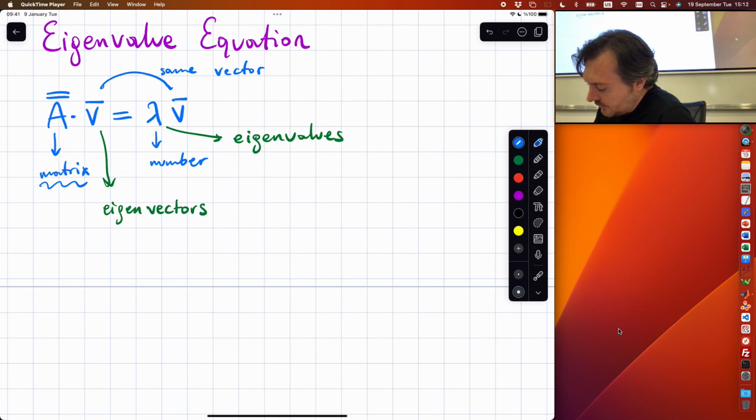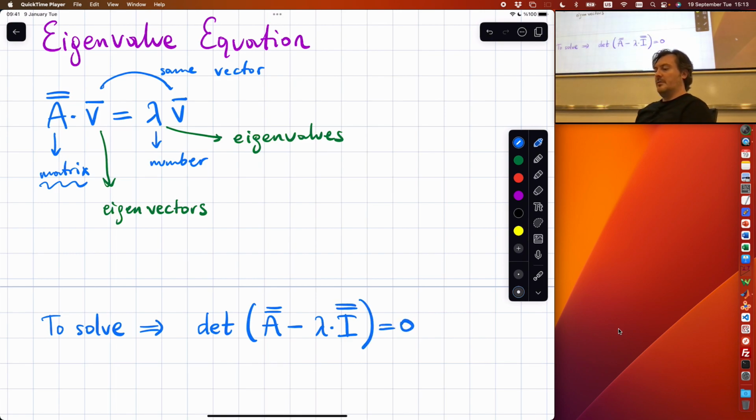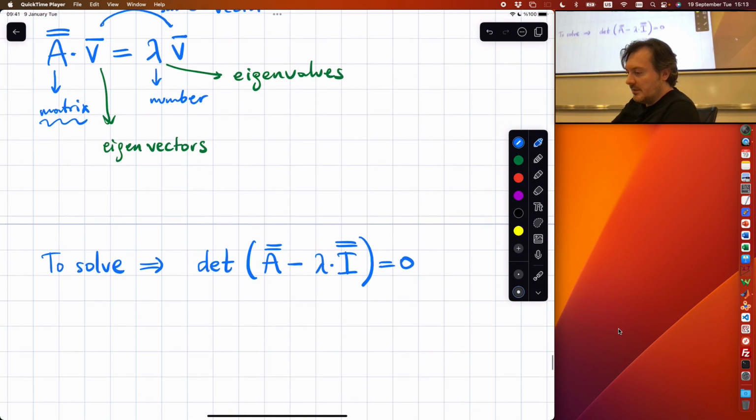To solve this kind of eigenvalue equation, you need to do determinant of A minus lambda times identity matrix equals 0. Okay? What is an identity matrix?